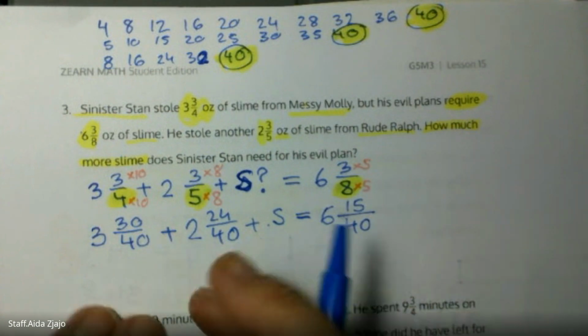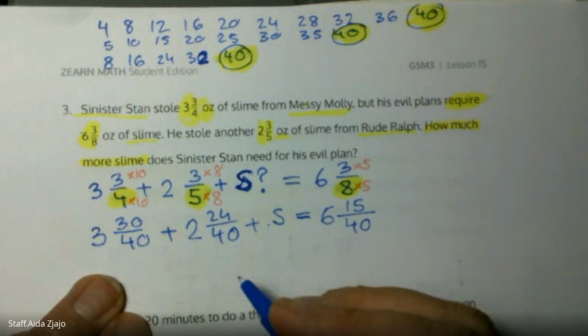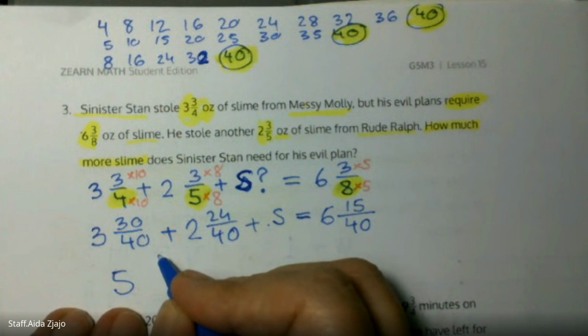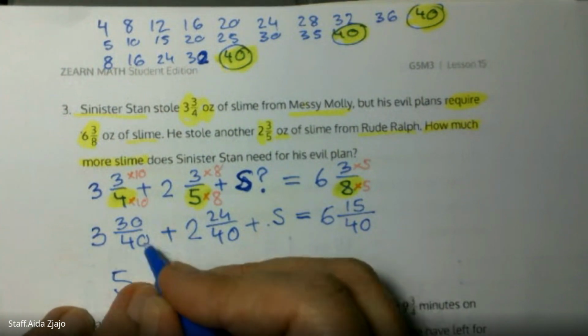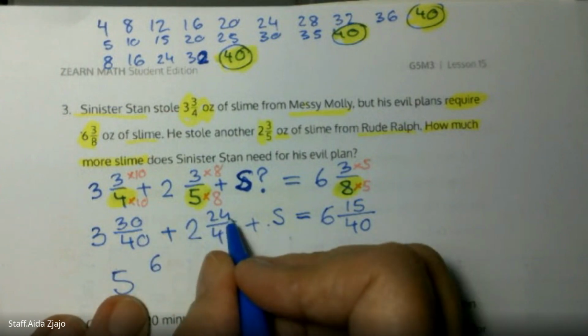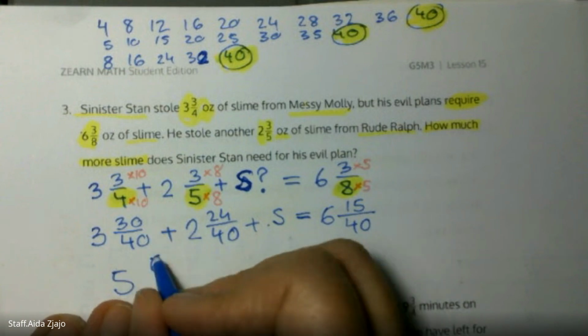When we add these two parts, then we will have 5 wholes and 30 plus 24 is 54.